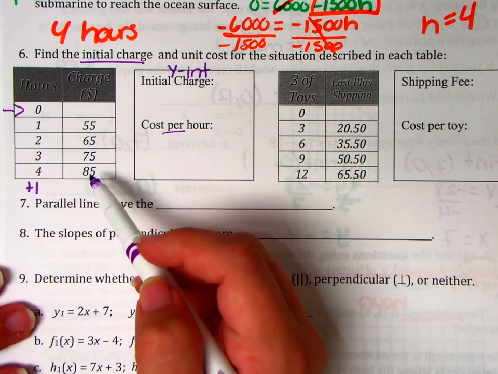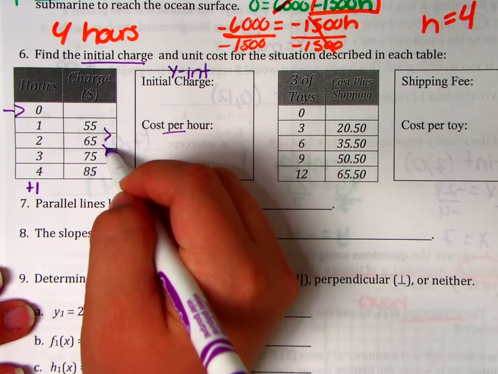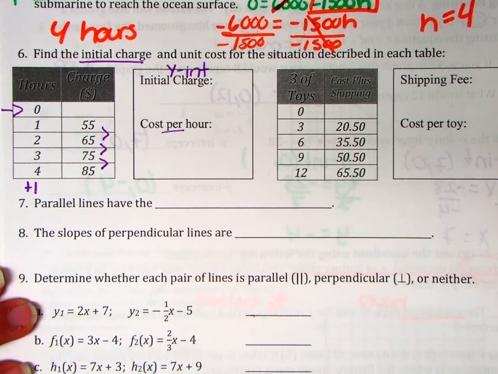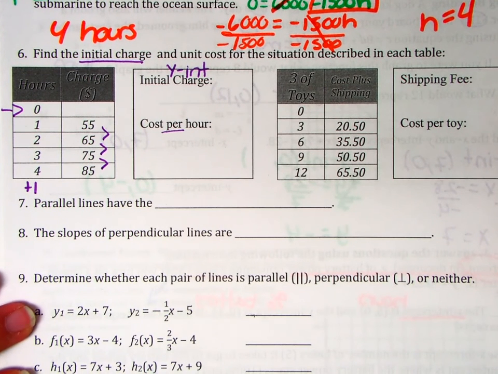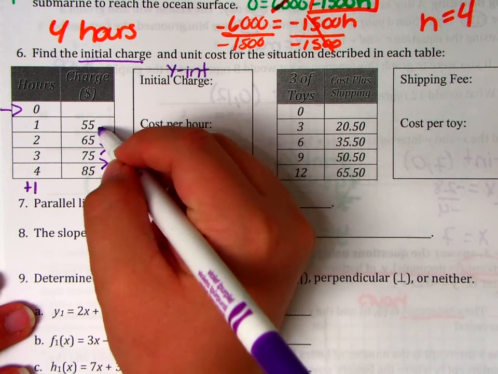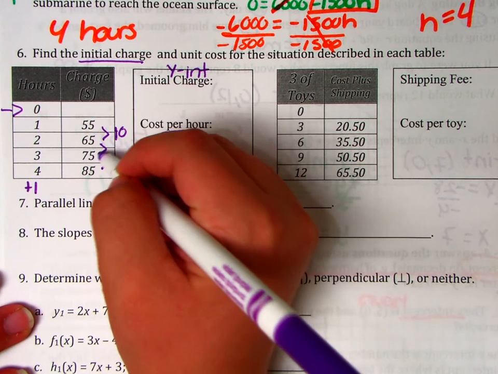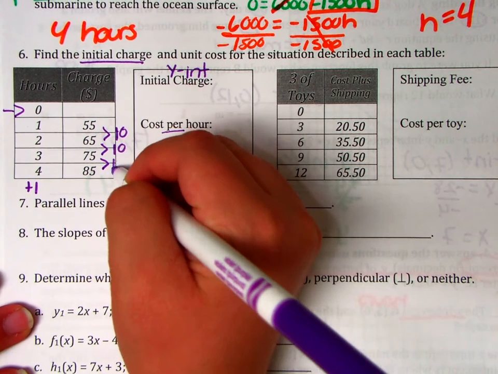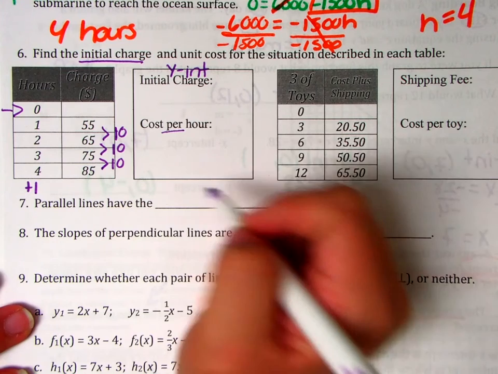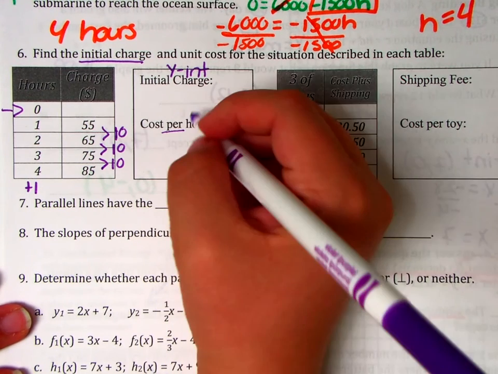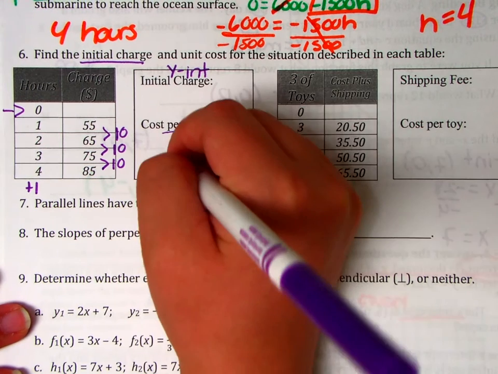So if I do my little triangles, my rate of change, to be technical or exact, as some of you would say, 55 to 65, that's 10. 65 to 75, 10, and 10. So my cost per hour, or my charge per hour, is going to be $10.